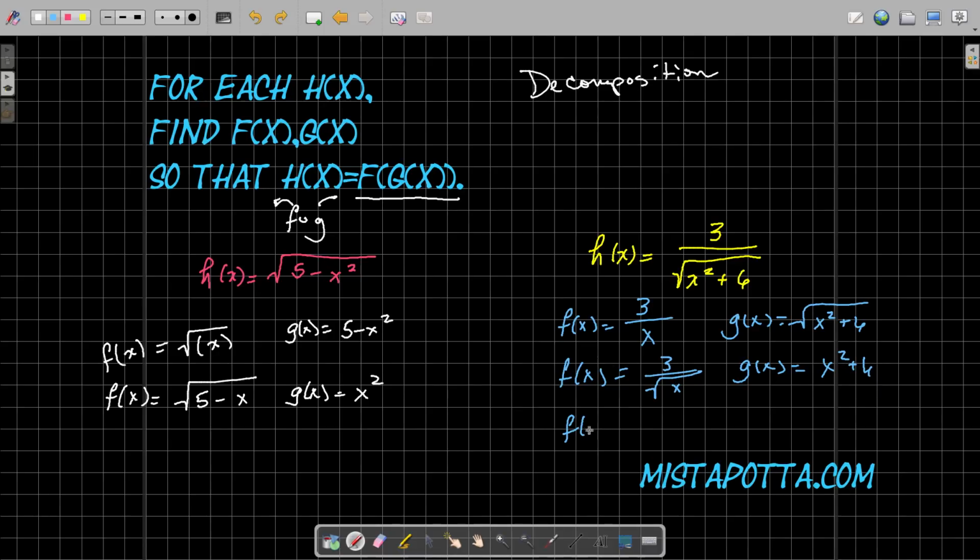Furthermore, I could have said that f of x is 3 over the square root of something plus 6, where that something is x squared. All of these work out for this h of x, this breaking down of this composition of functions.